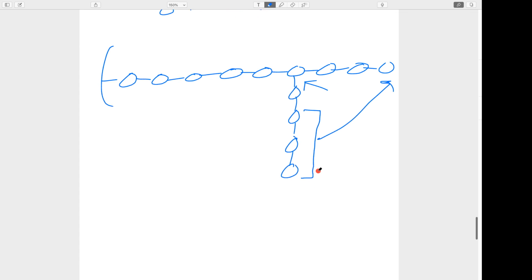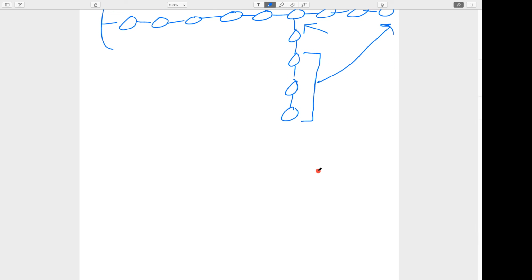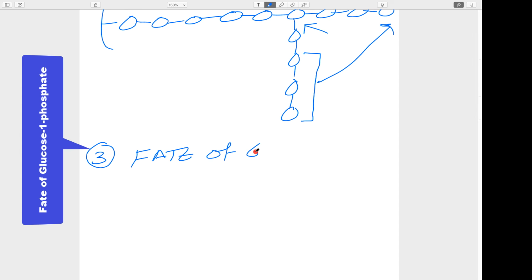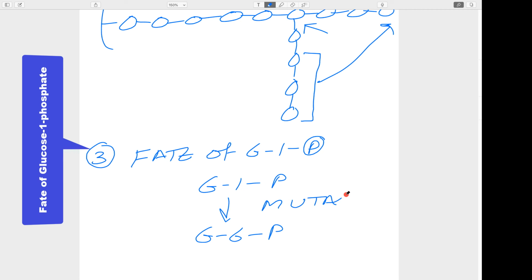Then what happens in the next aspect? The third step of the reaction is the fate of glucose 1-phosphate. The glucose 1-phosphate is converted to glucose 6-phosphate by the action of a mutase.